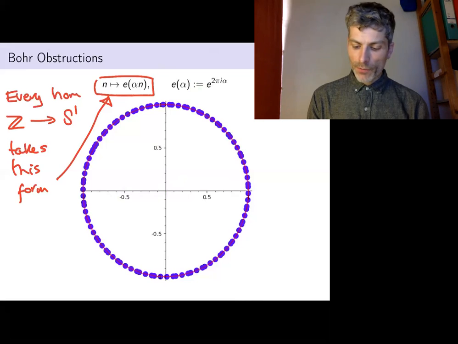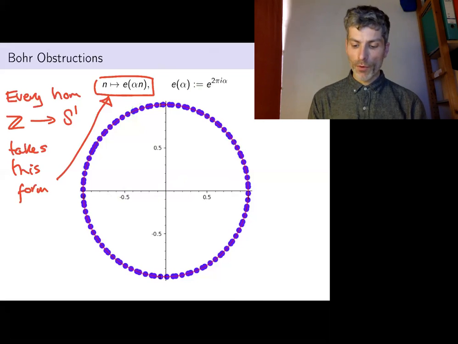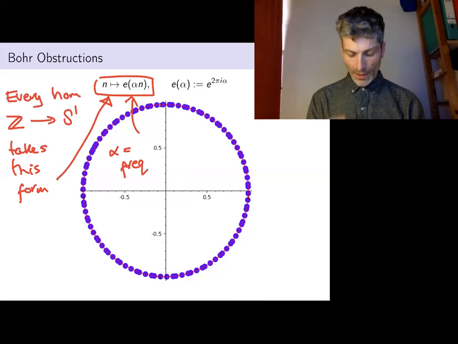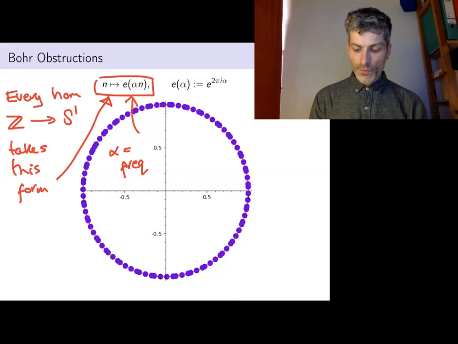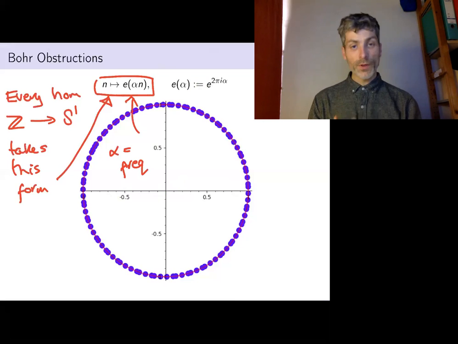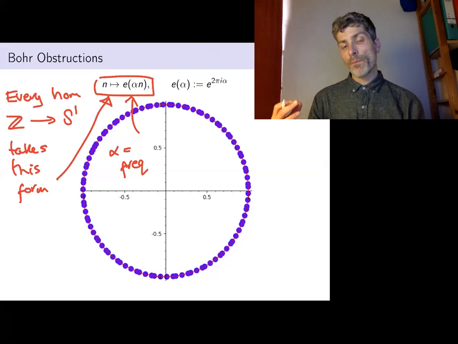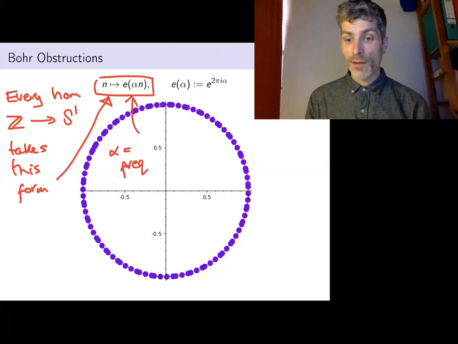We're going to call this variable the frequency, which determines the homomorphism. Let's write that. It's the frequency. The frequency can be any real number, but the homomorphism is uniquely determined by the congruence class of alpha mod 1.